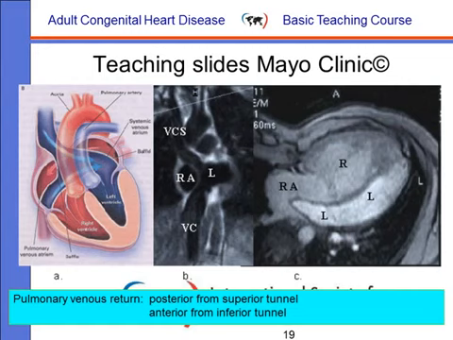And you see that the posterior part from the left atrium is left free for the pulmonary veins to drain in, flowing from there to the right atrium, posterior from the superior tunnel, and over and anterior from the inferior tunnel. In the middle you see a black blood CMR with the tunnels from the superior and the inferior caval vein flowing to the left atrium, and right side a CMR where you see nicely that the pulmonary veins come into the posterior part of your left atrium and then drain into the right atrium.